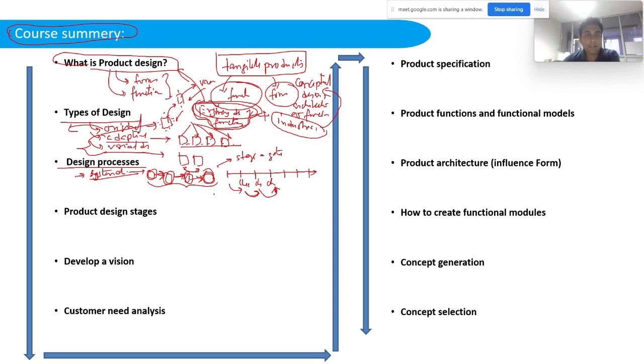Then we discussed spiral design, which is generally useful for non-tangible products like software design. If we see software like Microsoft Office or any design software like SolidWorks, Pro-E, Photoshop, every year you have a version like 2010, 2022, 2023.